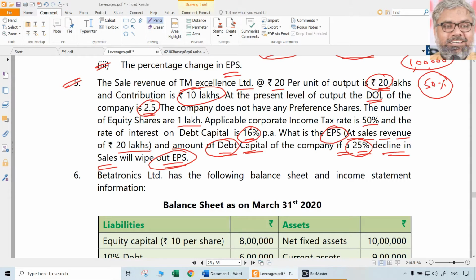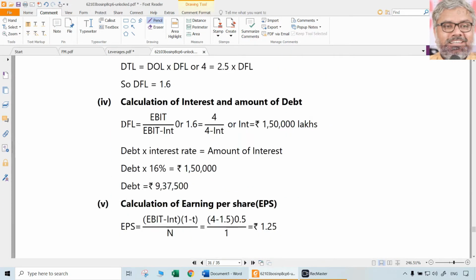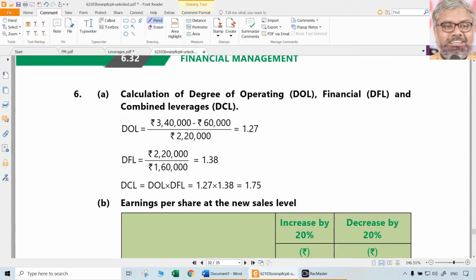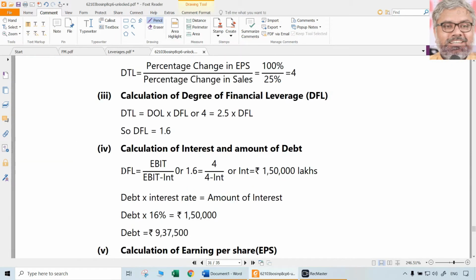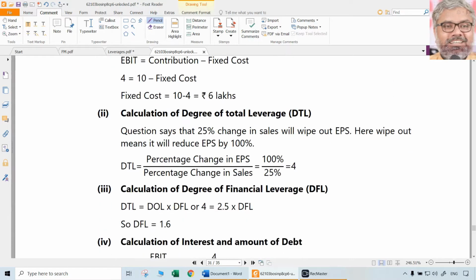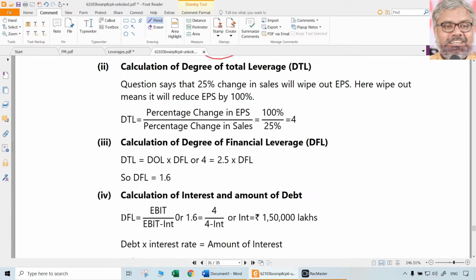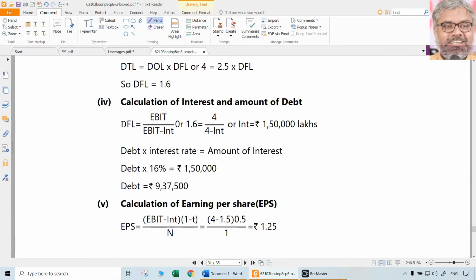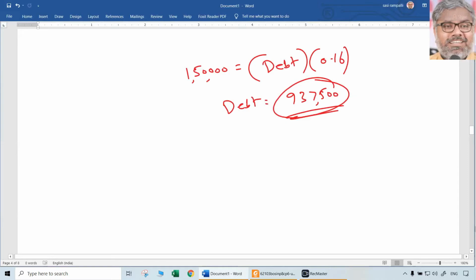What is one answer? How much is the debt capital of the company? That is 9,37,500. So 6 lakhs is the fixed cost, and the amount of debt is 9,37,500. That is one of the answers.